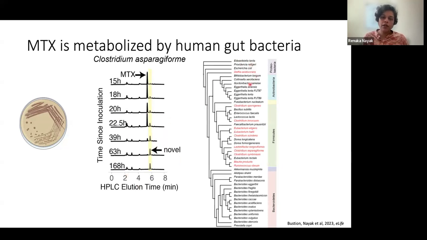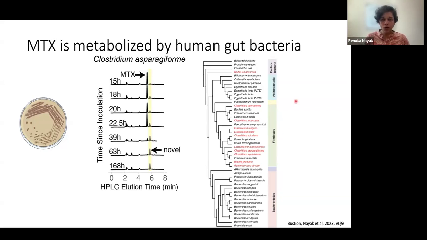We looked at 45 different gut species that are found in the human gut. We selected them because they're representative, and they span 6 different phyla, which are the big categories of microbes that exist in the gut. Some of you may be familiar with Bacteroides and Firmicutes because those are sometimes in the media.